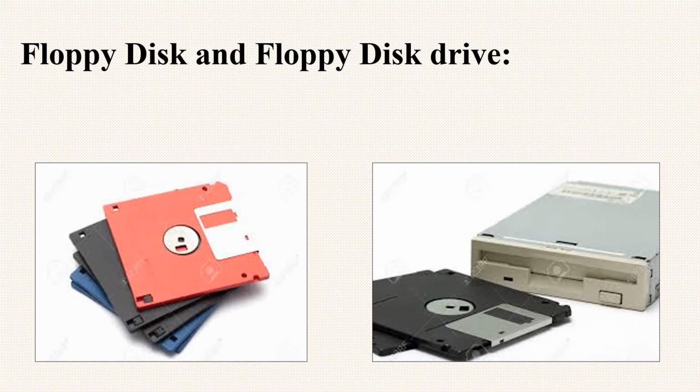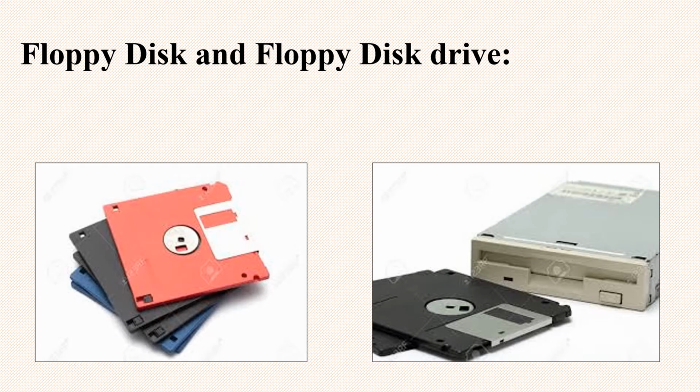After that I have given one more image of the floppy disk. The first one is the image of the floppy disk, a rectangular box type secondary storage device that was used initially many years ago to store data. Why are we not using them now? Because the memory capacity of a floppy disk is very small; we can store only a very small amount of data there.